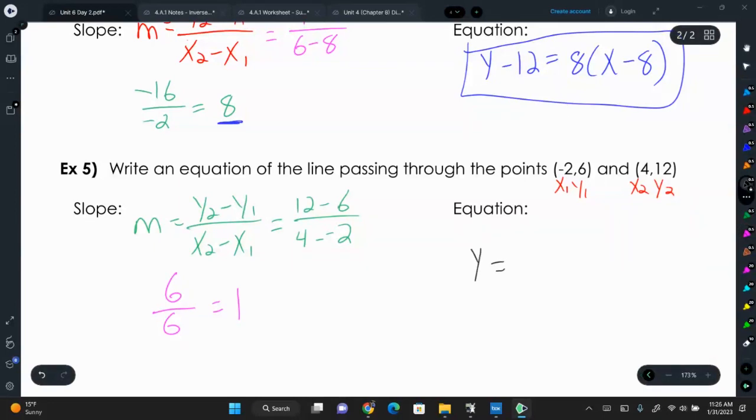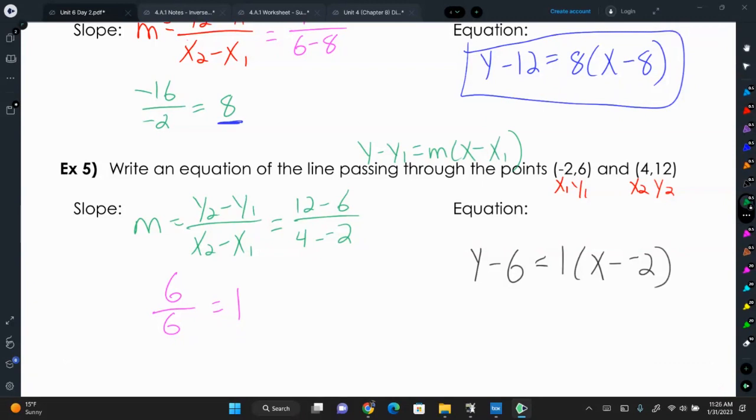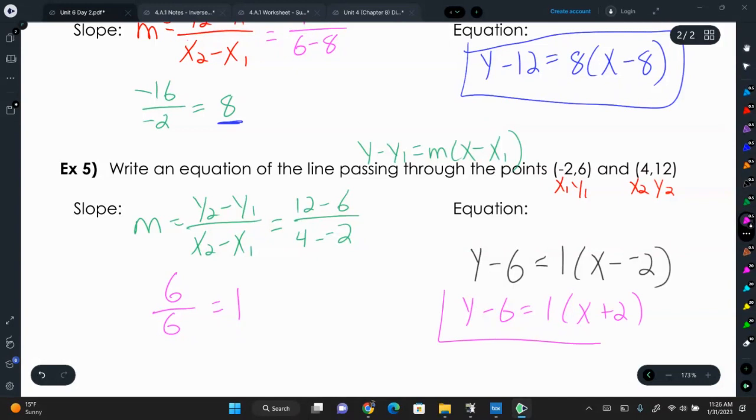So y minus y1, so y minus 6 equals 1 times x minus negative 2. Again, we're using y minus y1, our point-slope form. So y minus 6 equals 1 times x plus 2. And that would be our final answer. We don't need to do anything more.